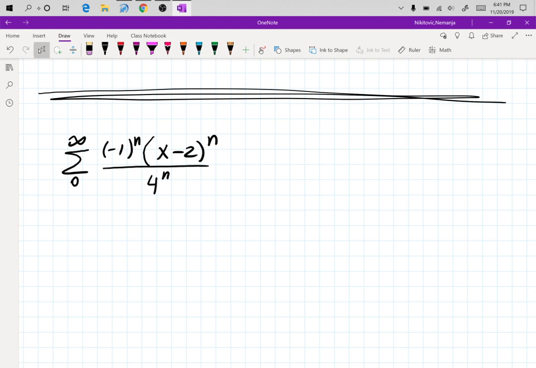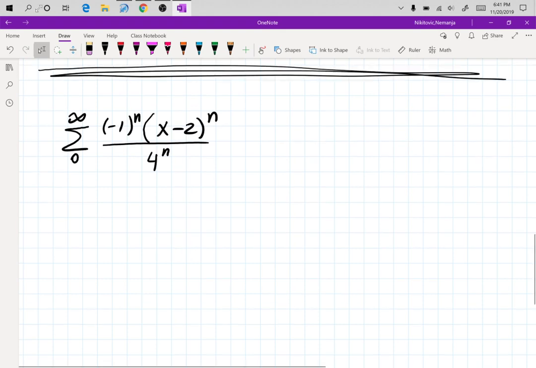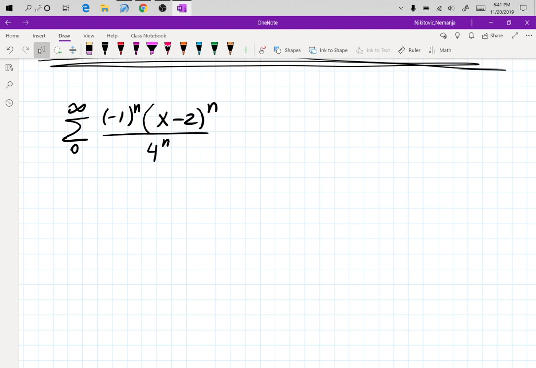So we are going to do ratio test on this one, and if you forget absolute values, the problem is immediately going to be garbage. So you must use absolute values. Now let's go and do the same thing. Absolute values will kill -1 to the n, so I'm not going to bother. Limit n goes to infinity, absolute value.